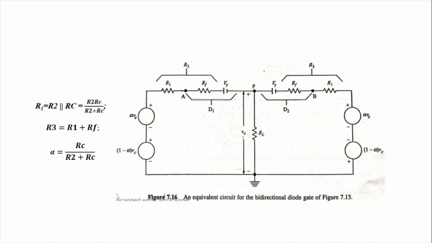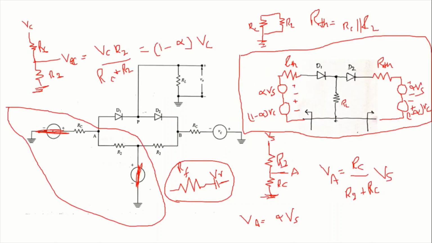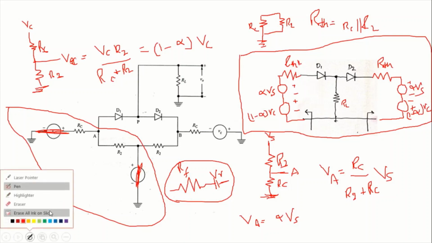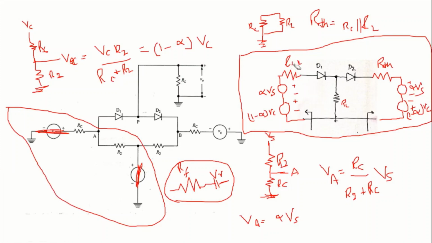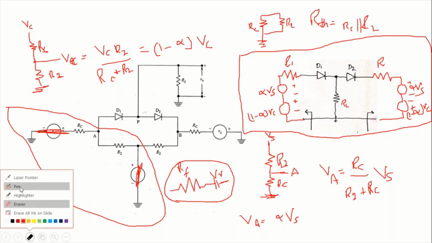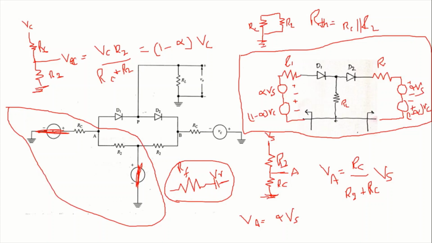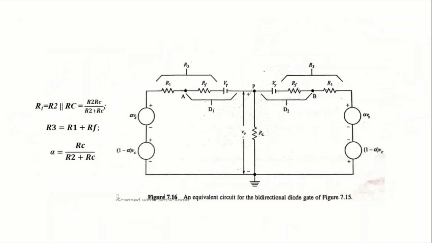Now, by replacing the diode, considering this RTH as R1, where R1 equals RC parallel with R2. Now the diode is replaced with its RF as well as V gamma.